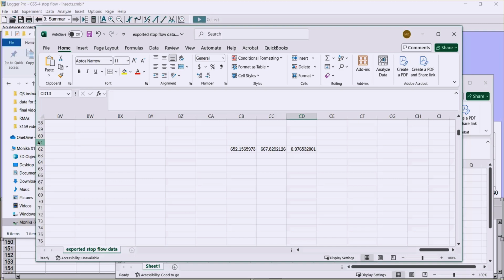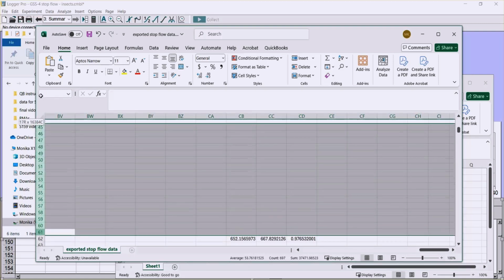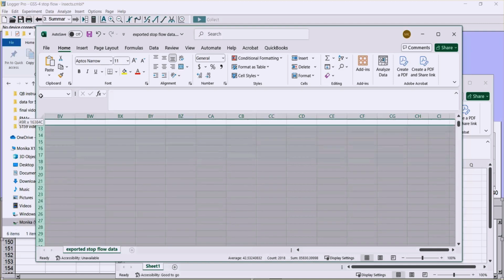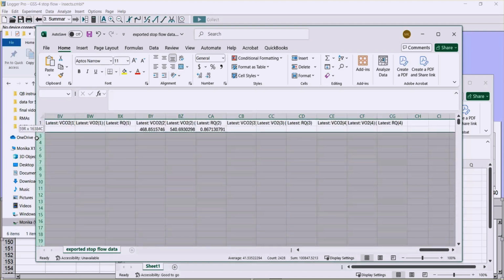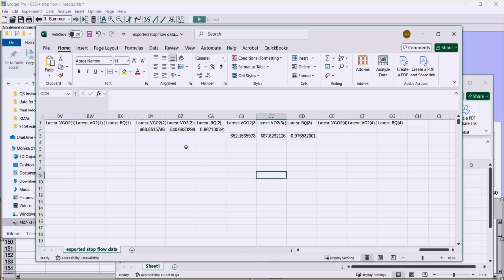You have to do some manipulation of that Excel data, for example, go in and delete all these extra rows to create a single compact summary table, and then you can take that data and do whatever statistical analysis you need to do, or graphing, or whatever else needs to be done.